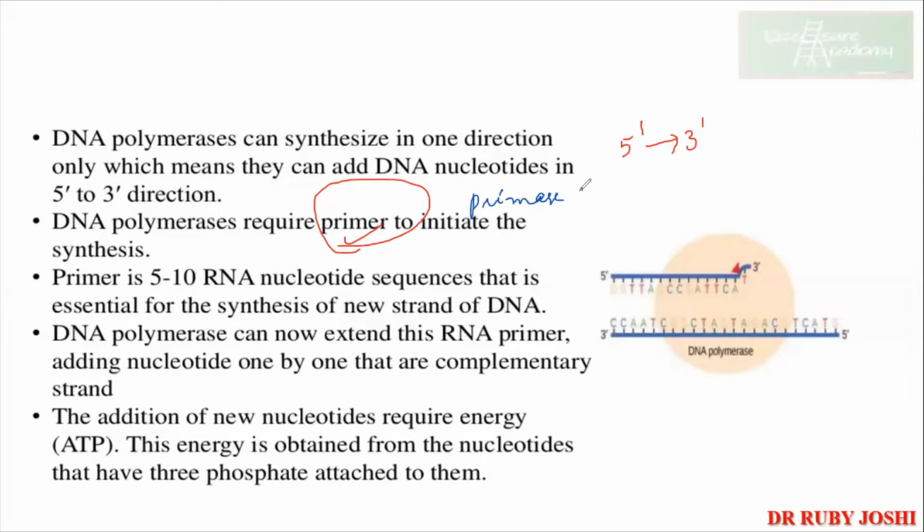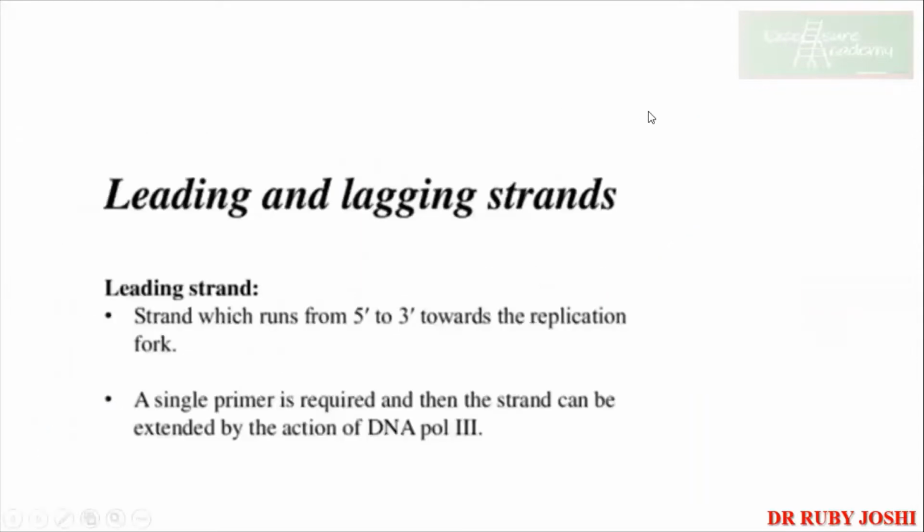DNA G. Yes, it is DNA G. Very good. So primer is around 5 to 10 RNA nucleotide sequence, which is specifically required for starting the new strand of DNA. Now, this DNA polymerase can extend this RNA primer, adding the nucleotides one by one, and for all this process, it requires ATP. So every time a nucleotide is being added, ATP is required.